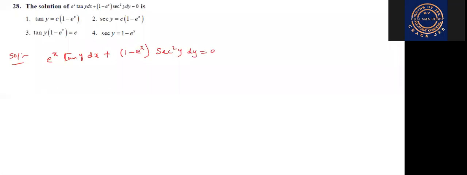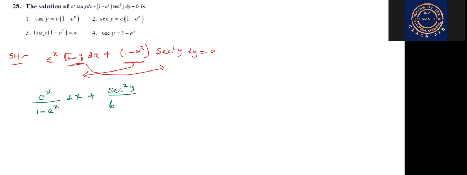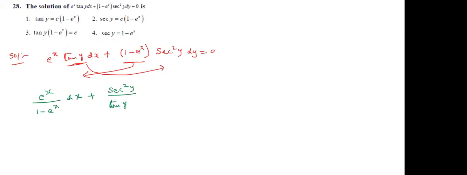Now here 1 minus e power x sent to this side and tan y sent to the other side. Then finally you will get e power x divided by 1 minus e power x dx plus secant square y divided by tan y dy. So here variables are separated. Now apply the integration on both sides.